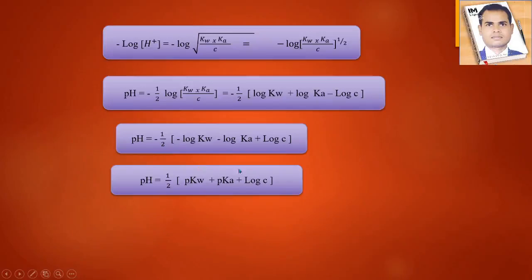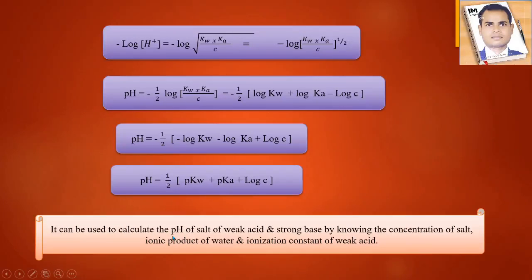So finally you will get this equation for the pH, 1 by 2 (pKw plus pKa plus log C), and we can use this equation to calculate the pH of a salt of a weak acid and strong base by knowing the concentration of the salt, the ionic product of water, Kw, and the ionization constant of the weak acid, Ka. So we can calculate this way.